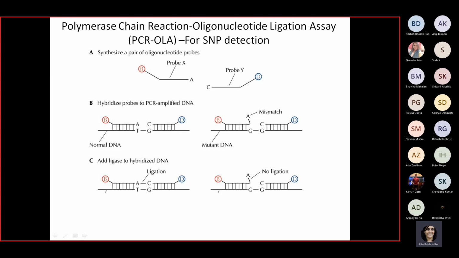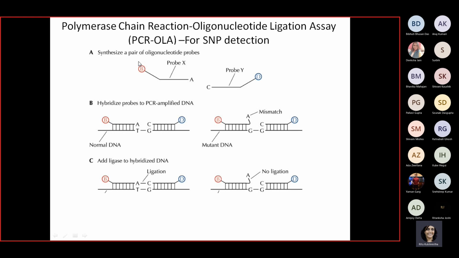Now, how do I detect whether my whole probe has bound, or the ligation did not take place? How do I find the ligated product? How do I detect it? For that, another very sophisticated method they thought about.